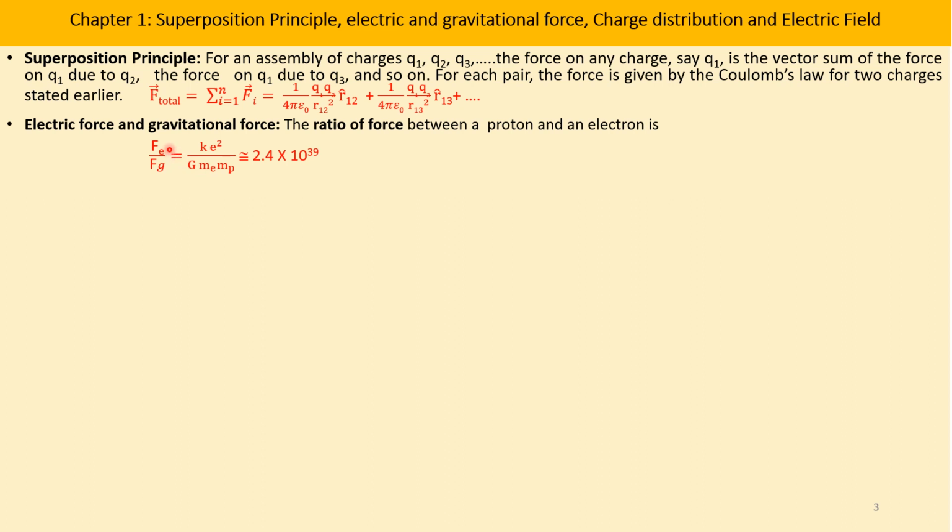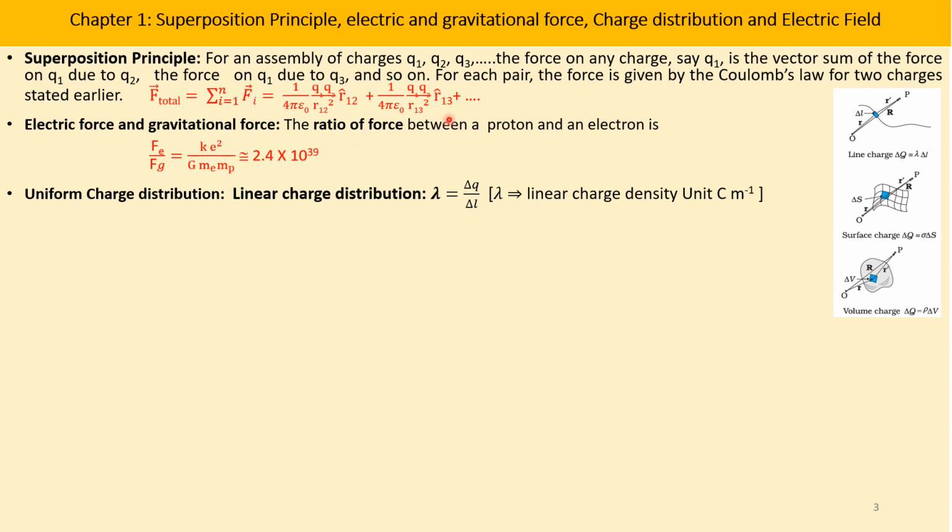Here, Fe is the electric force, Fg is the gravitational force, K is the constant of proportionality, e is the charge of an electron which is negative, G is the gravitation constant, Me is the mass of electron, Mp is the mass of proton. If you substitute the values for a proton and electron, we get the ratio Fe to Fg as 2.4 into 10 to the power of 39. Please pause the video and note down all these points.